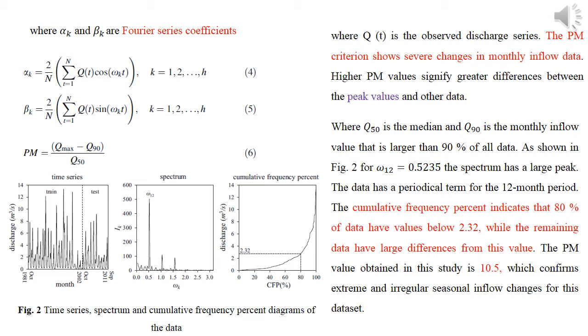And if we see the other figure, the cumulative frequency percentile, 80% of the data lies below the discharge 2.32, and other data lie beyond that. So the PM value obtained in this study is 10.5.